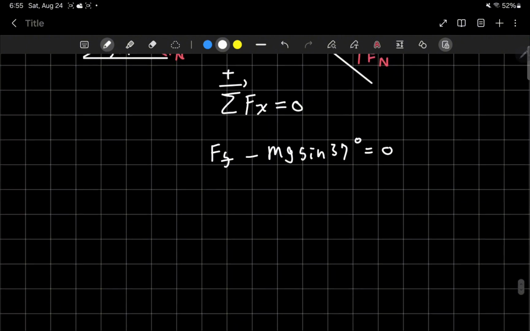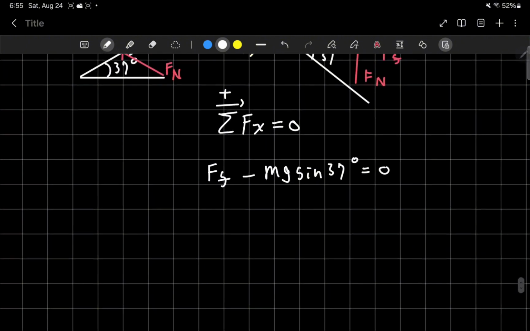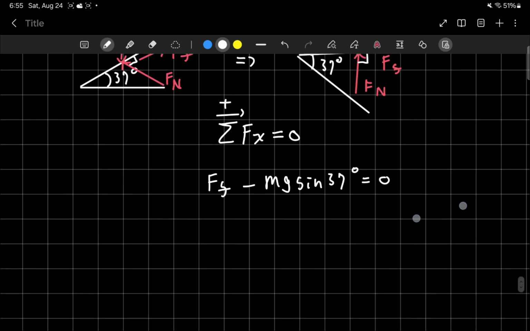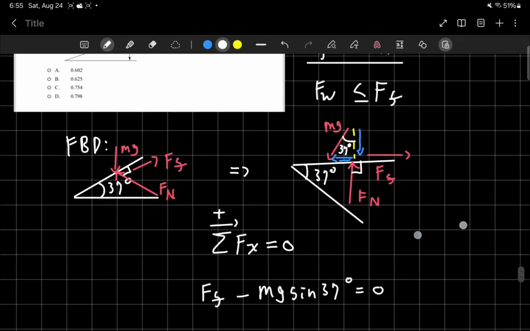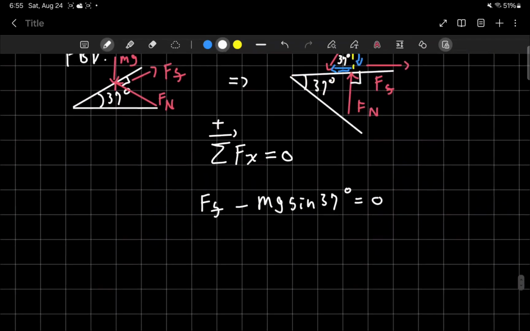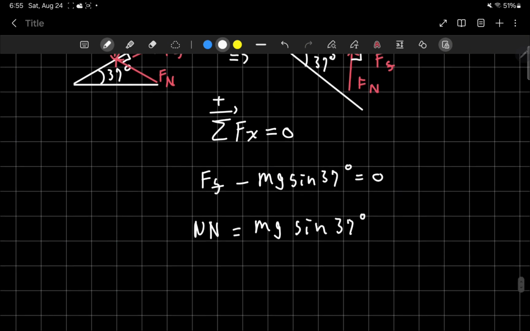So now, back to our equation, we can substitute our friction force for our assumption previously, which is mu times N equal to, we can move the mg sine 37 to the other side. So that's what our equation looks like right now.